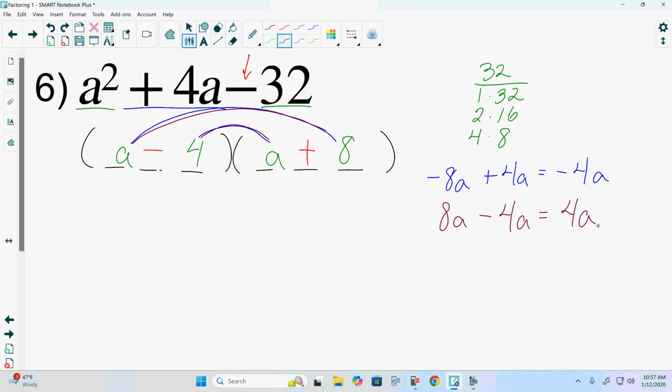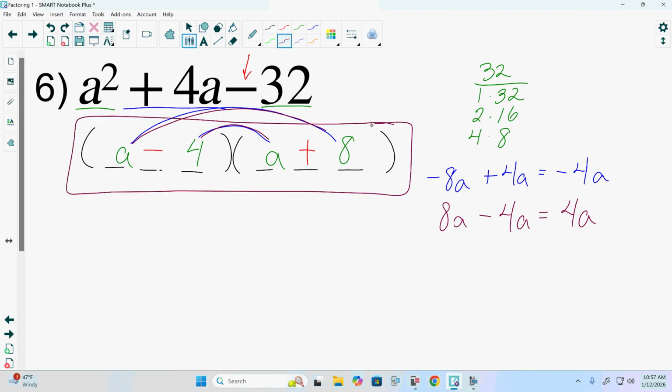Make sense? Now, yes, if we wanted to, we could have just switched the 8 and 4, and that would have done the same thing. And that works because the numbers in front of a, in both cases, is both 1. If they're the same, just flipping those works just fine. Questions on this here?